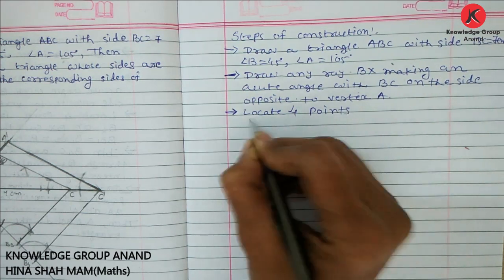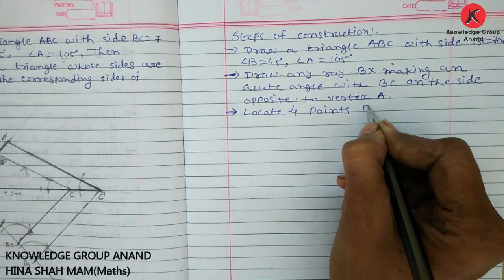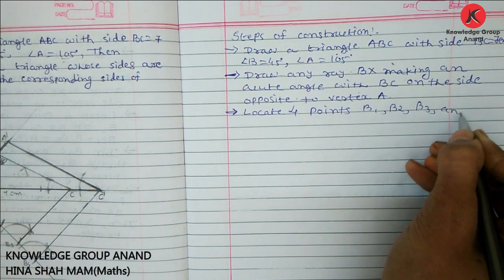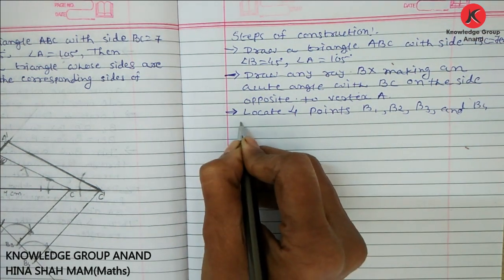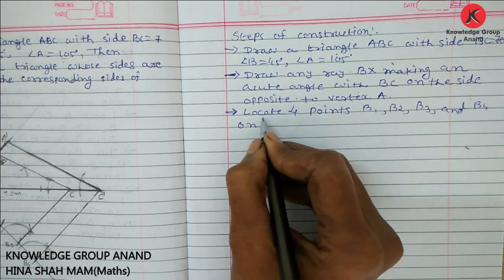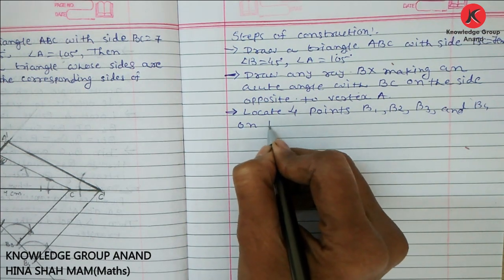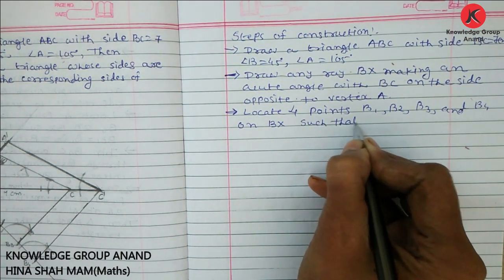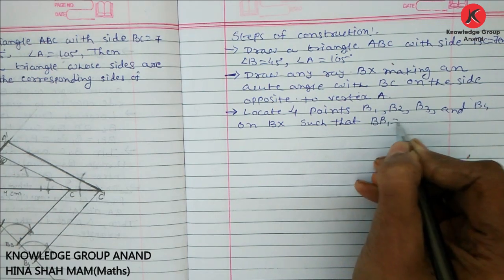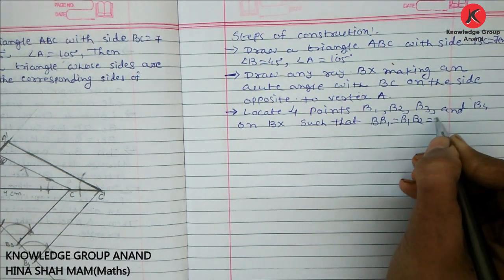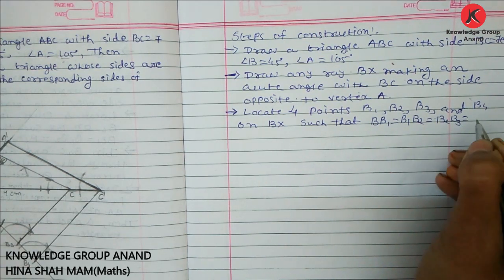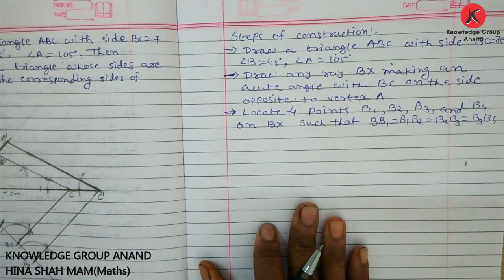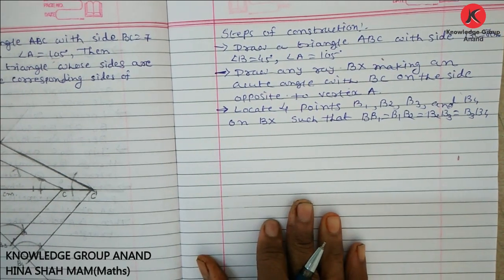Right, against this step is like this: 4 points B1, B2, B3 and B4 on BX, ray BX, such that BB1 is equals to B1B2 is equals to B2B3 is equals to B3B4.